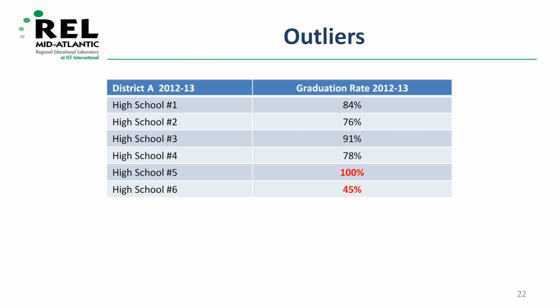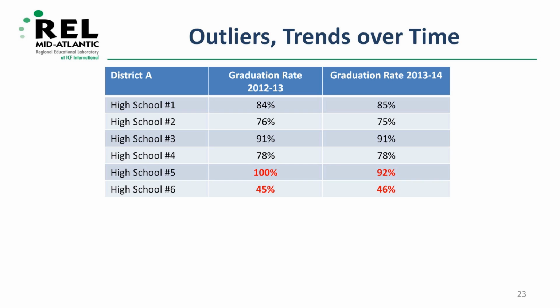Outliers, again, graduation rate, you submit a rate, different high school. This would be awesome to have 100%, right? This would be really scary to have 45%. Do you just accept it? Or do you have year-to-year comparisons so you might see how reasonable it is? So this 45 is reasonable if you look at multiple years.